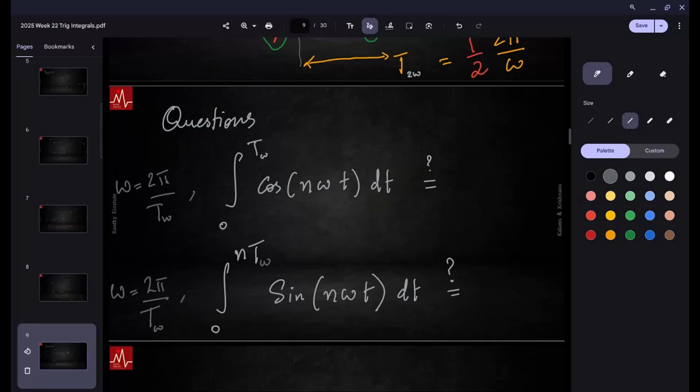Come on, what is this? In fact, the bottom one I just answered. First is 0.